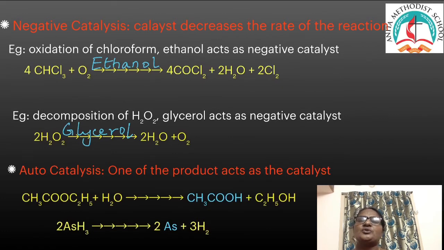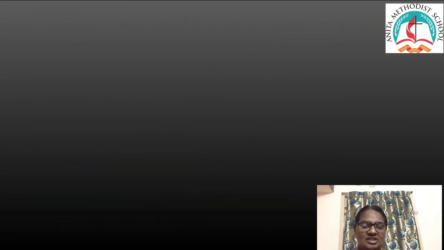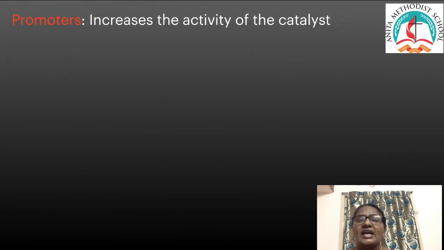Next we are going to see two more concepts. Promoters. I already have a catalyst. I want the catalyst to function better. For that, I need to add an extra substance. That substance which makes the catalyst work efficiently is called a promoter. Let's take again the example of Haber's process.